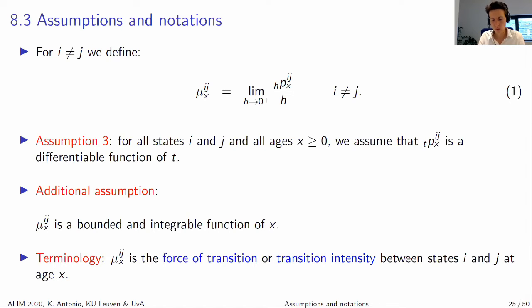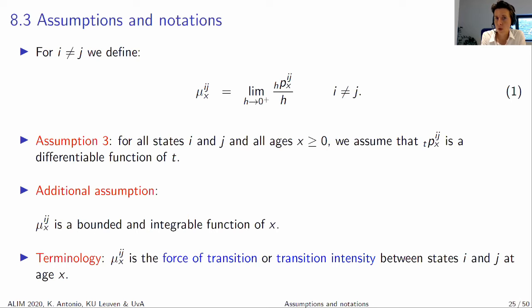So we consider a transition from I to j in a very small interval of time. Given that you occupy state I at x, what's the probability that right after reaching x, you will make the transition to state j?